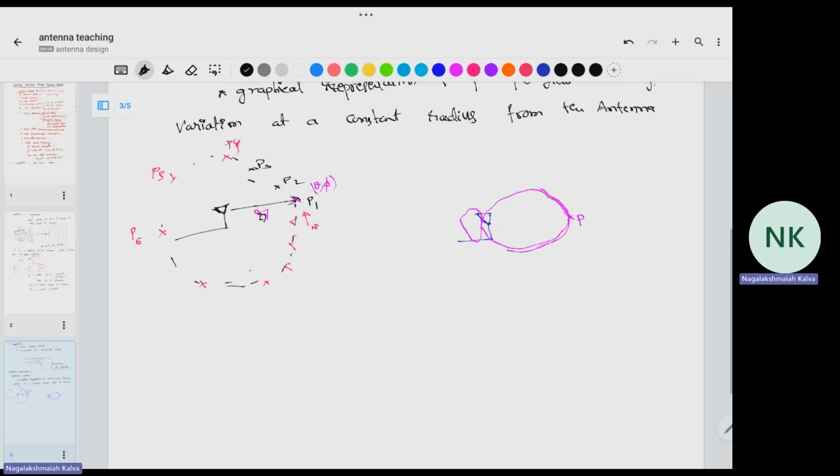That is also there. So the basic terms defined in radiation pattern that we have to consider are the beamwidth of the antenna, or you can say half power beamwidth of the antenna.